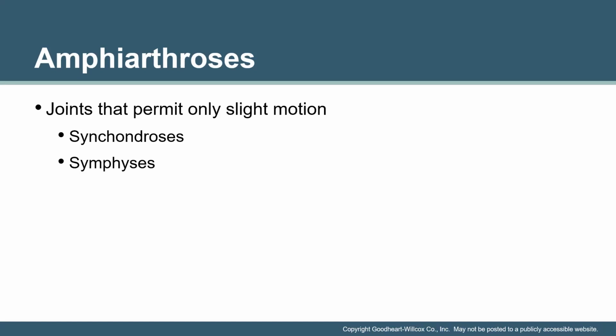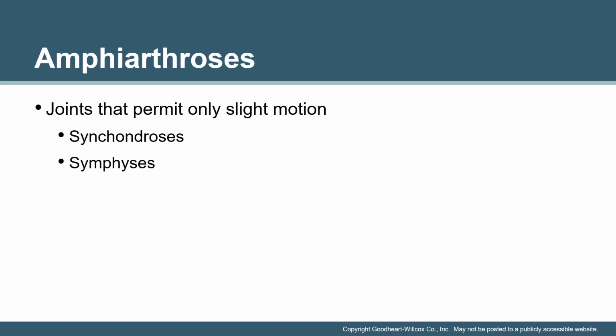Examples of a synchondrosis would be your sternocostal joints and cartilage as well as the epiphyseal plate. When we get into a symphysis joint, this is a joint in which there are thin plates of hyaline cartilage that will separate a disc, or separated by a disc of fibrocartilage.